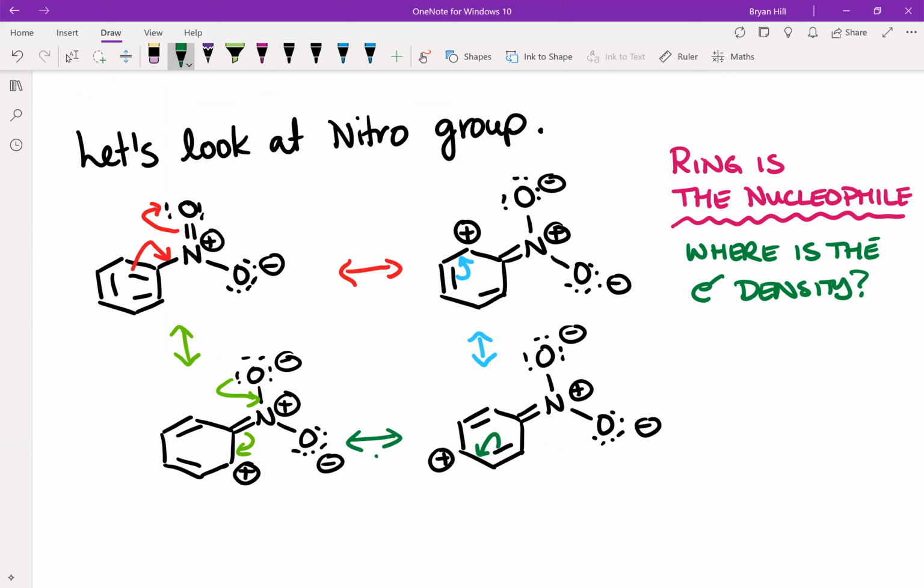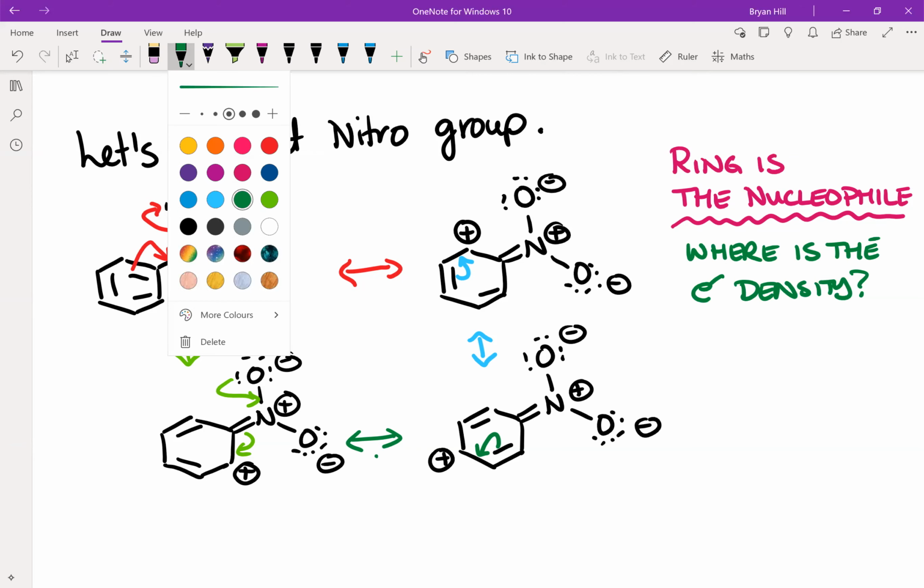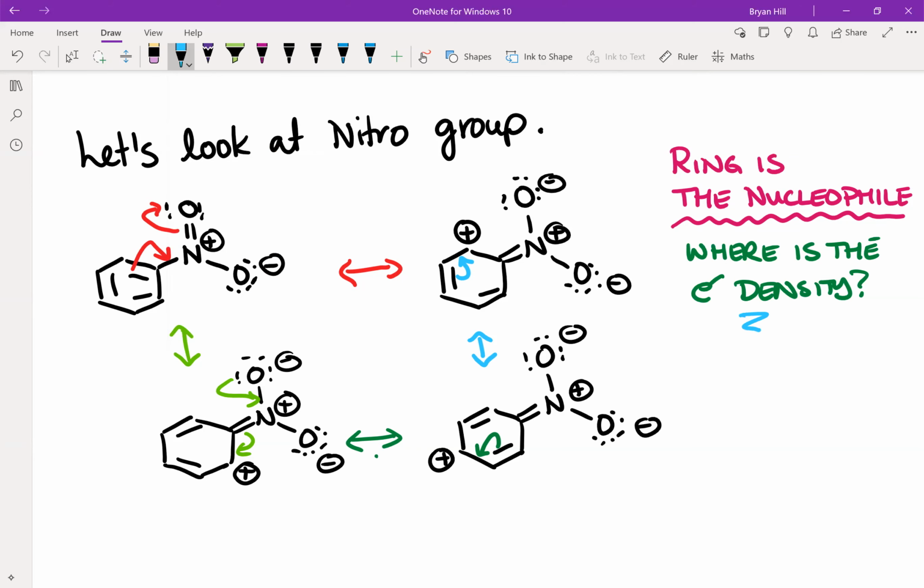There is no negative charge in the ring, right? It's been sucked out of the ring by the nitro group. In the ortho position and in the para position, we've got positive charges. So the only location where there isn't a positive charge is meta, the meta position.